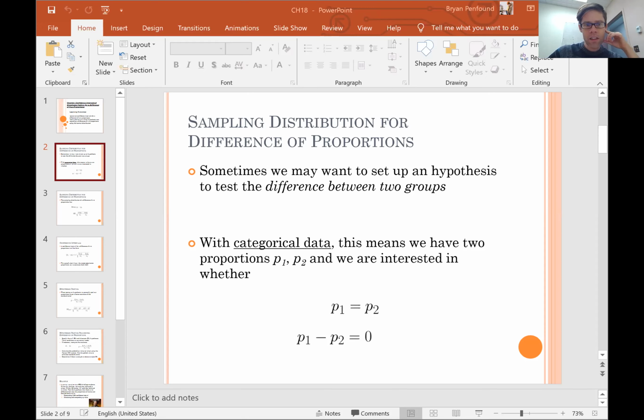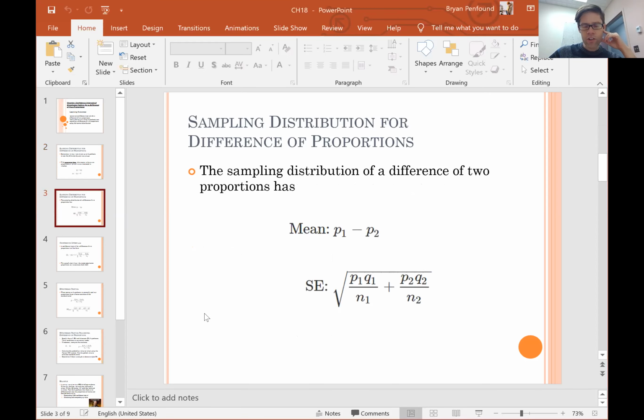And then to get at the standard error, or the standard deviation of the sampling distribution, we typically take P1 and P2 and take the standard error that we had from our single proportion and add in an adjustment to account for this second group. So the standard error becomes this really messy square root, but there's nothing that we can really do about it. So this is the sampling distribution that we roll with when we want to create confidence intervals or do hypothesis testing when we have 2 subgroups that we want to look at.